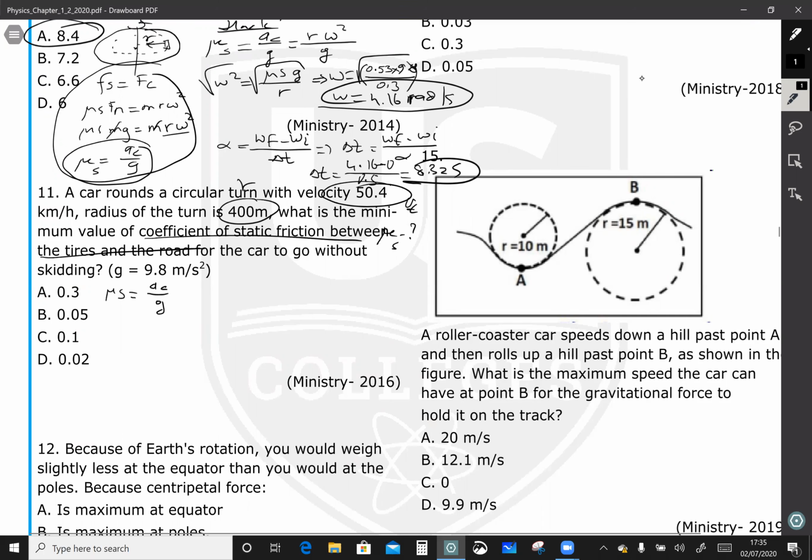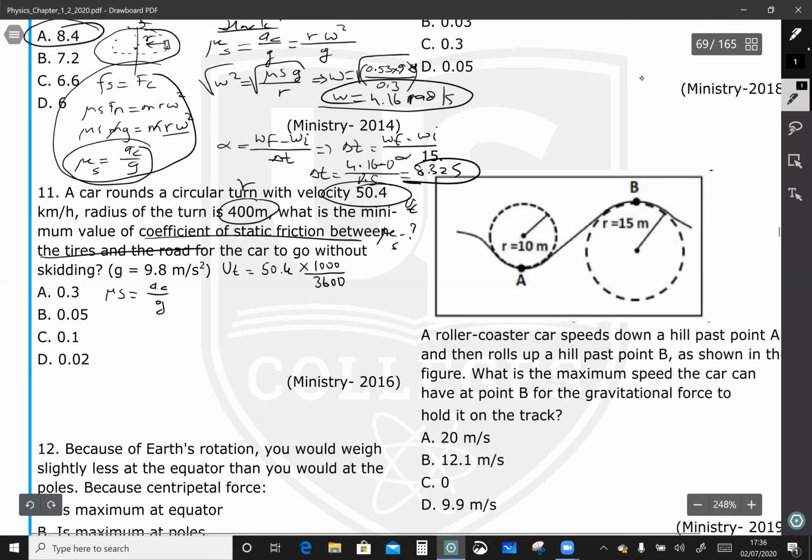Let's first convert this tangential speed to meters per second. The tangential speed is 50.4 kilometers per hour. Every kilometer is 1,000 meters, so you first multiply this by 1,000, and every hour is 3,600 seconds.